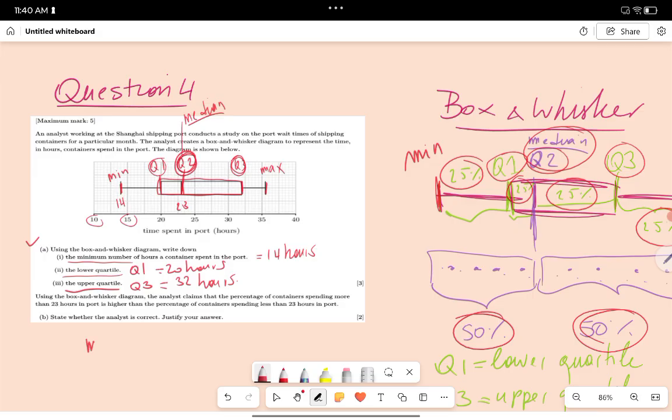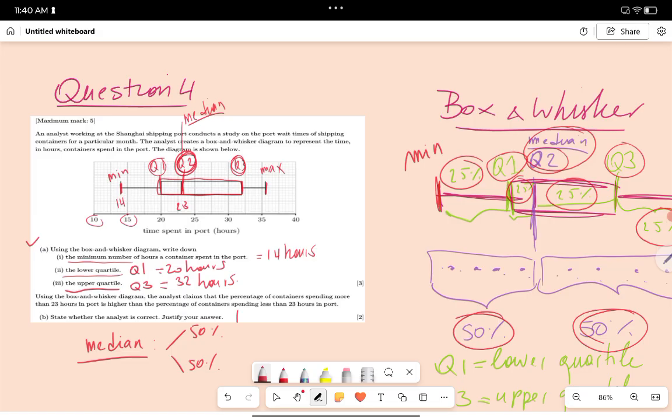And as I said, the median splits the data in half, so 50% will be on the left of it, and 50% will be on the right of it. So 50% of the containers spend more than 23 hours in port, and 50% spend less than 23 hours in port. So therefore, the percentages are equal, and the claim is incorrect.